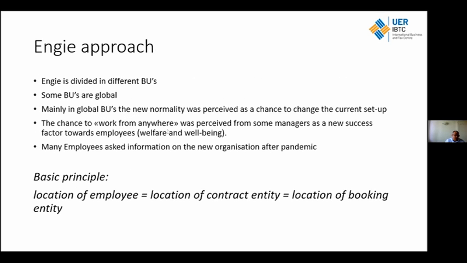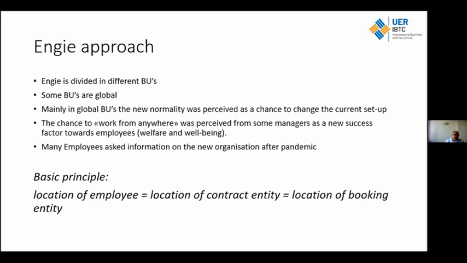What is Engie's approach? Based on what Professor Marino has said, we don't have a clear view of what will happen. Engie is divided in views. Some views are global. This new way of working from everywhere was seen by companies as a way to have much success, to have employees that are happier to work.